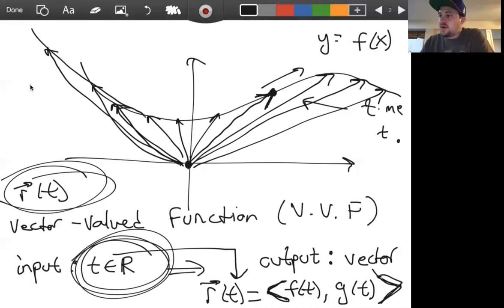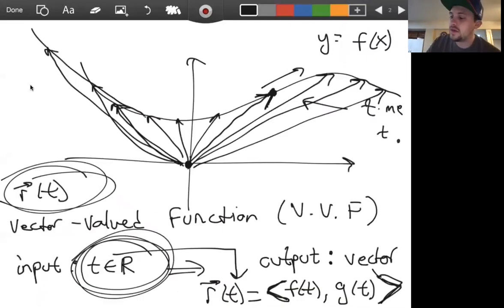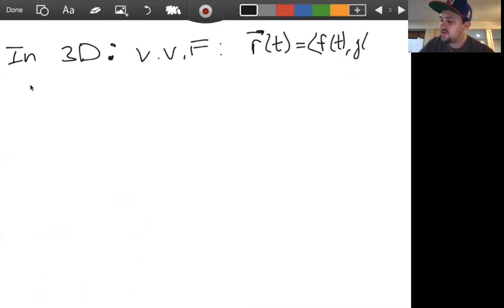So let's just see an explicit example here. And let me quickly say this extends to 3 dimensions and we will work a lot in 3 dimensions. It's nice to get an intuitive picture in 2D before you step up to the 3rd dimension. But in 3D, we would have a vector valued function given by r of t equals f of t, comma, g of t, comma, h of t, right?